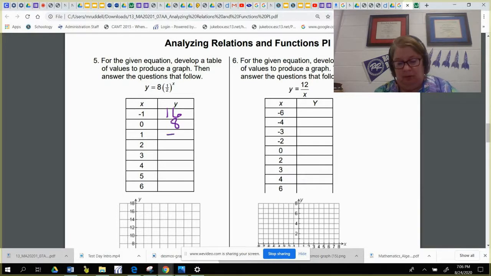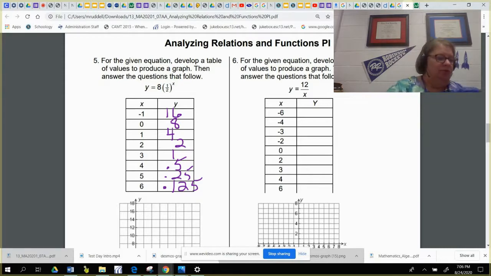Where x is 1, y was 4, 2, 1, 0.5, 0.25, and 0.125. Can you see what's happening here? 16 to 8 to 4 to 2 to 1. It's decreasing. It's decreasing by half.